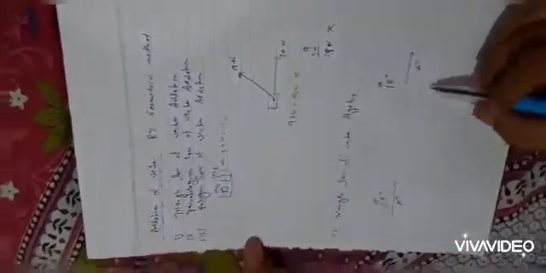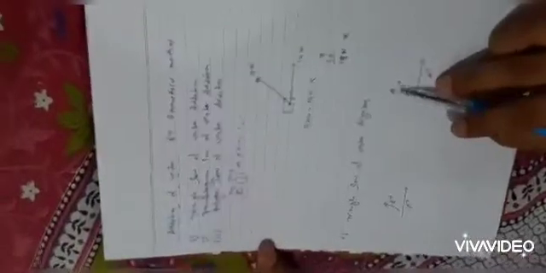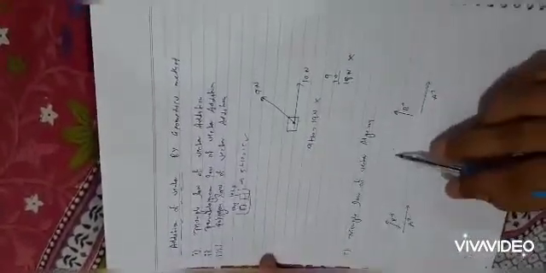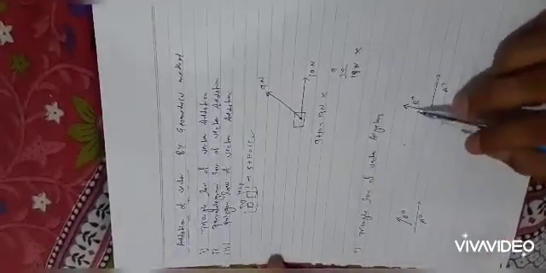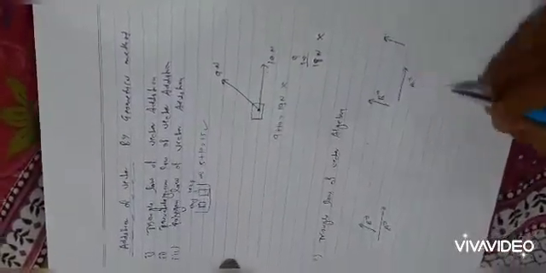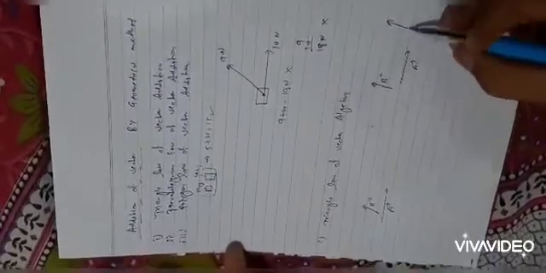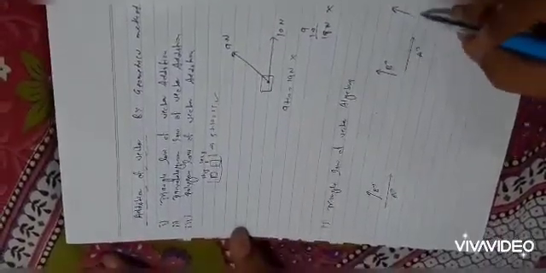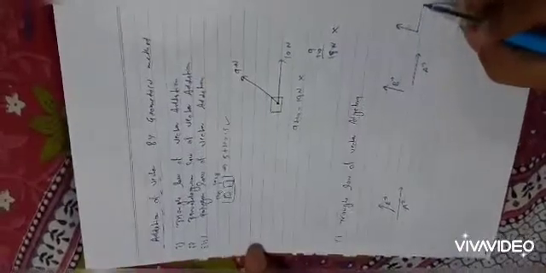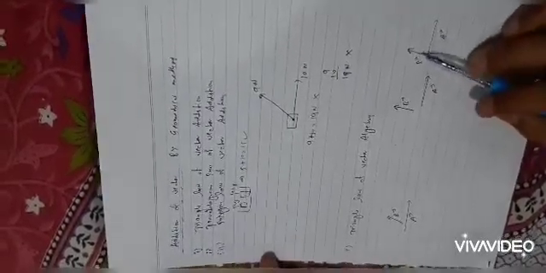You can shift it on the downside, on the upside, but its direction should remain the same. So you can shift your vectors, but their magnitude and direction should be the same.